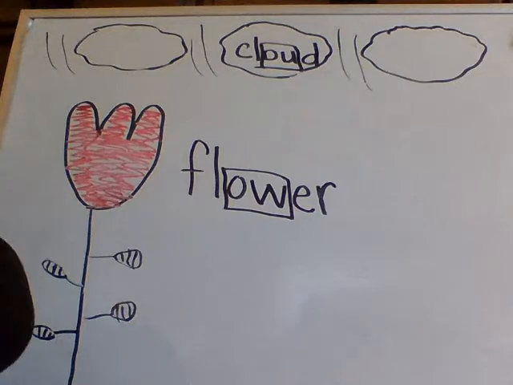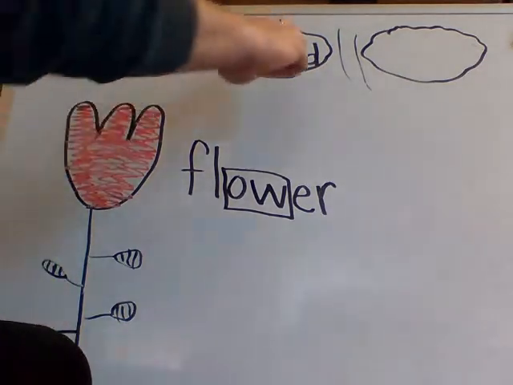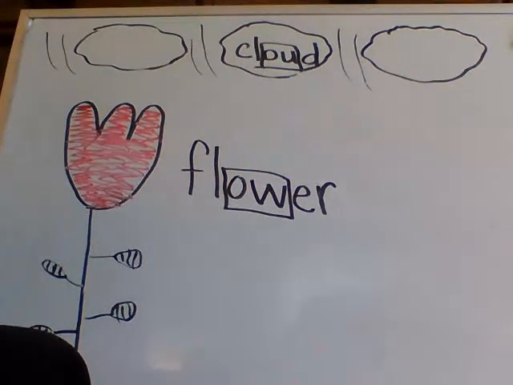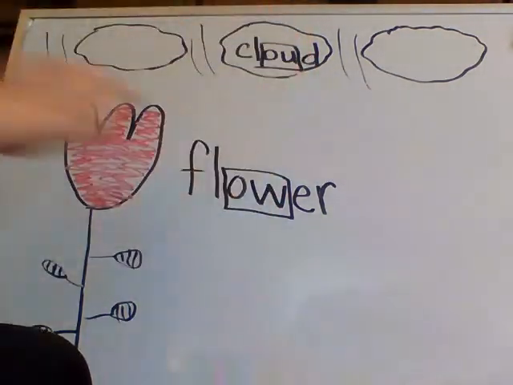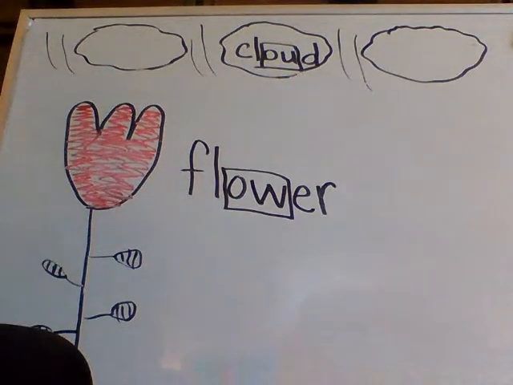Okay? Alrighty. Now, if you remember from our last video, OU and OW are diphthongs. Even though we have two vowels side by side, they are not vowel teams where we have a long vowel sound with the first vowel saying its name. Okay? These two vowels side by side are special diphthongs. Okay?